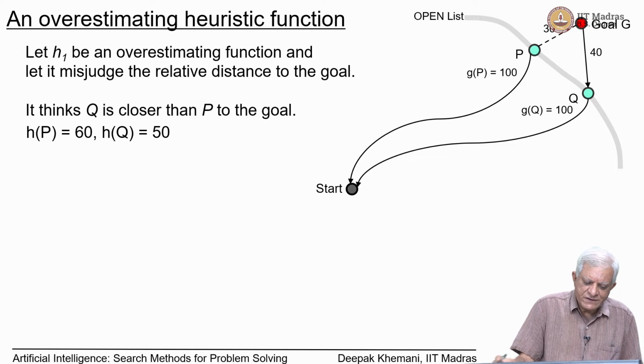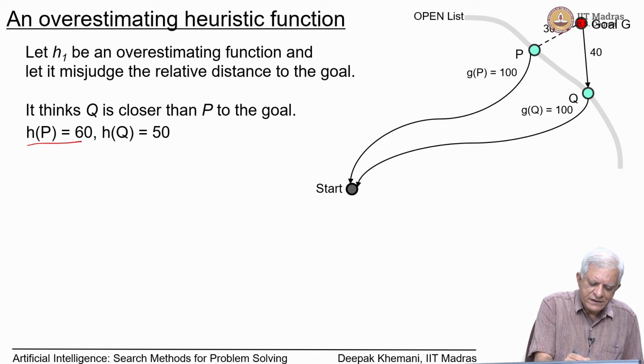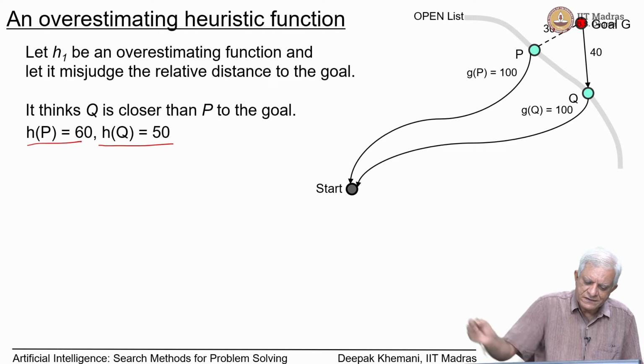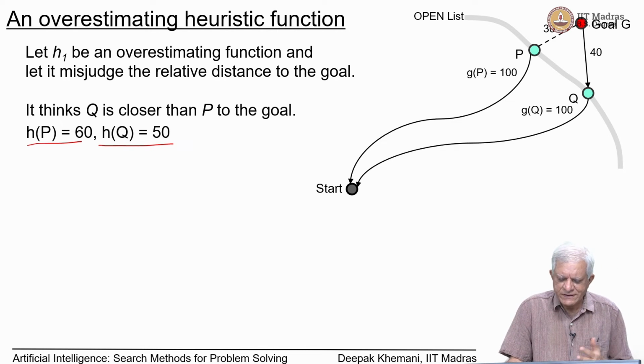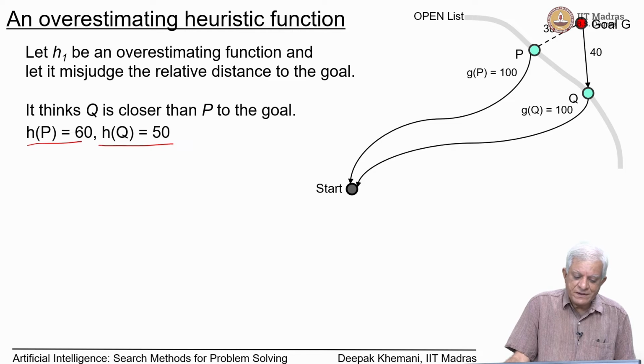So, let us say h of p is equal to 60 and h of q is equal to 50, which means it thinks that q is closer to the goal, it has a distance of 50, and it thinks that p has a distance of 60 from the goal, whereas the actual things are 30 and 40 as shown in the figure, and in actual practice p is closer to the goal because it has a distance of 30 and q is not closer, it has a distance of 40.